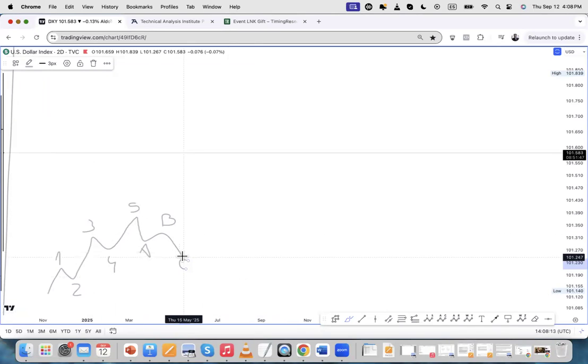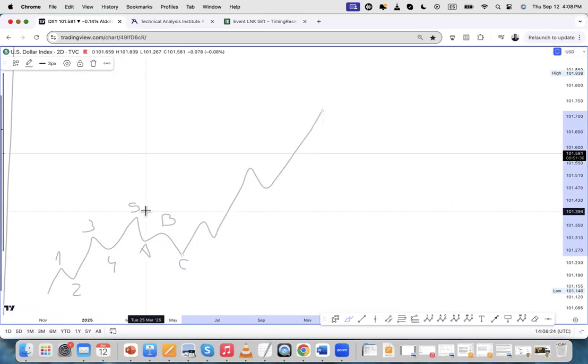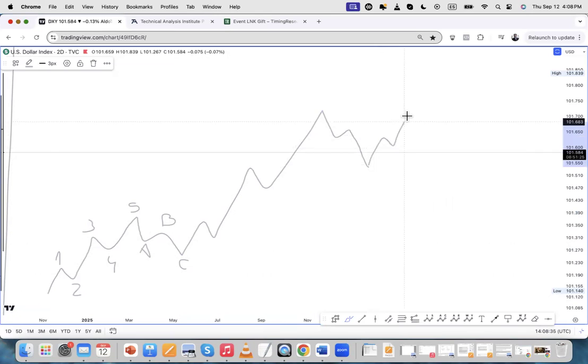And these become the building blocks of something bigger, in which we see 5 more waves moving in the direction of the trend, which is determined by the 5 waves, and followed by 3 waves moving in the opposite direction. And then the same thing happens again, 5 waves moving in the direction of the main trend, followed by 3 waves in the opposite direction.